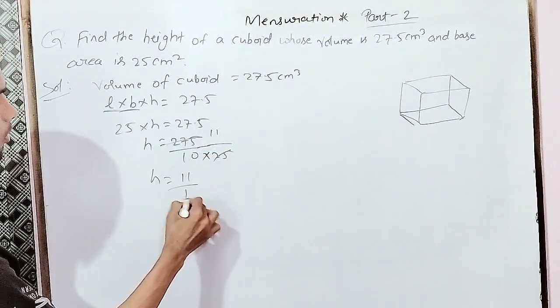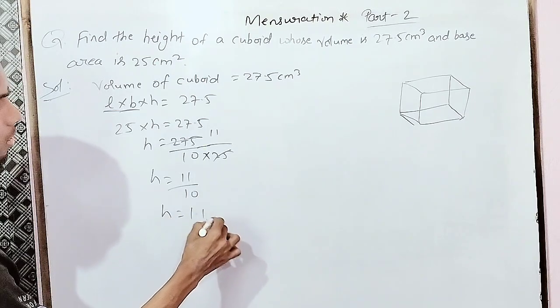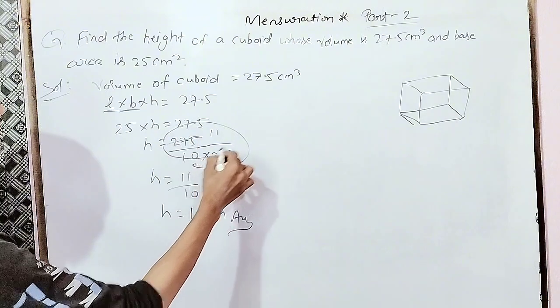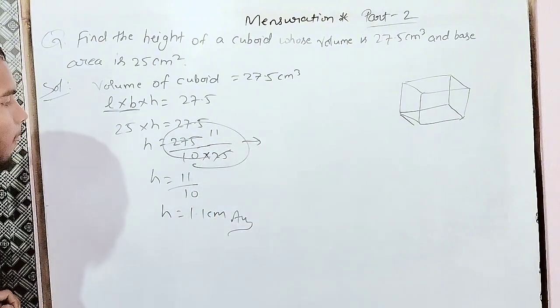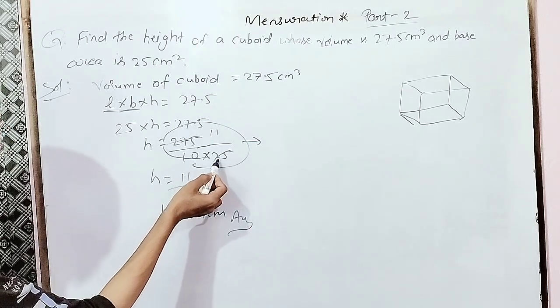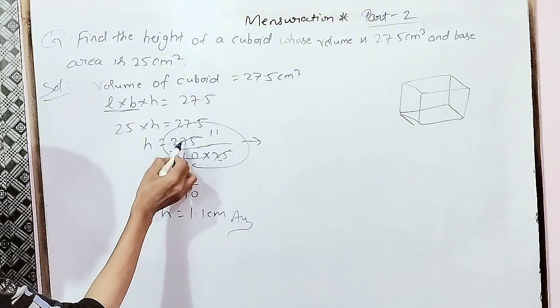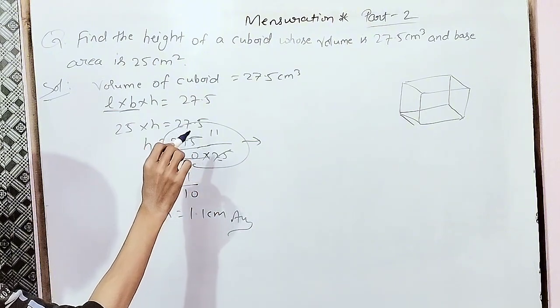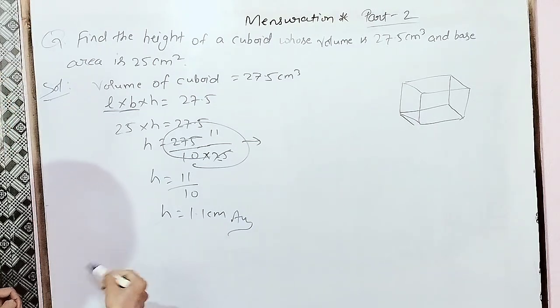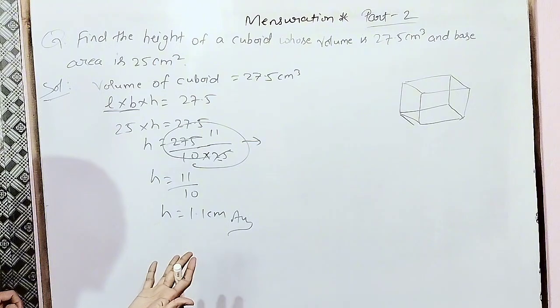H is 11 upon 10, which is 1.1 centimeter. You can simplify it your own way, but to save time, this will cut this in 11 times. Now H is 1.1 centimeter.